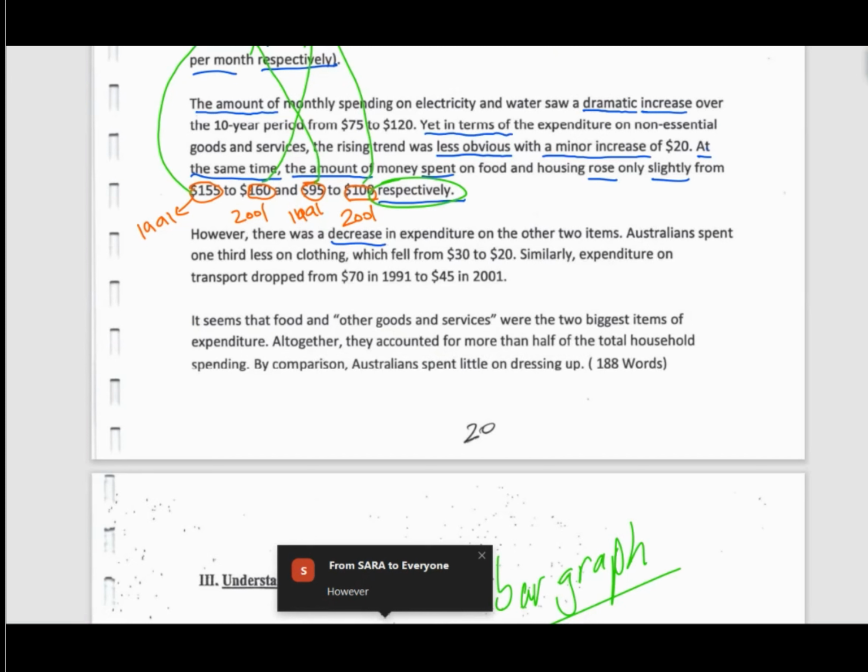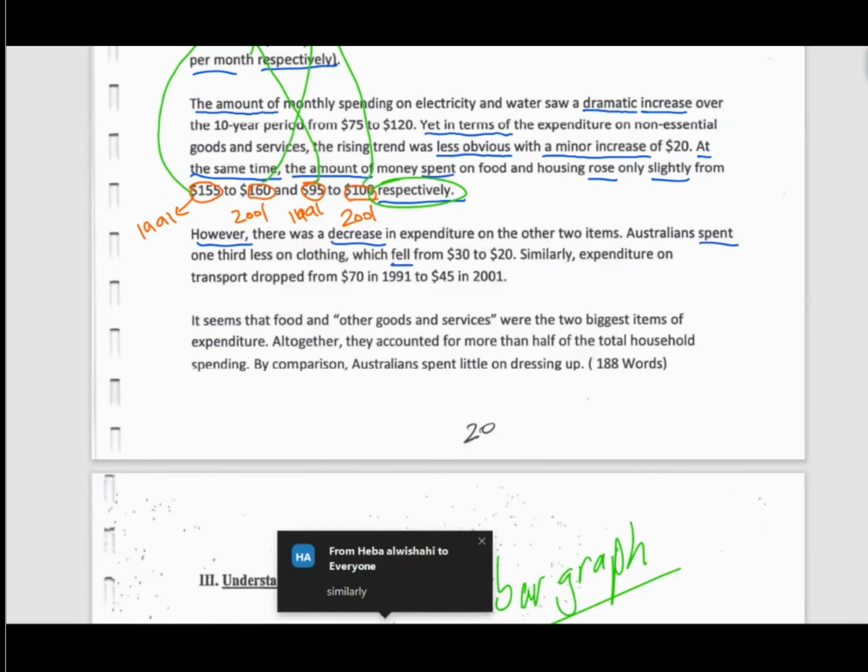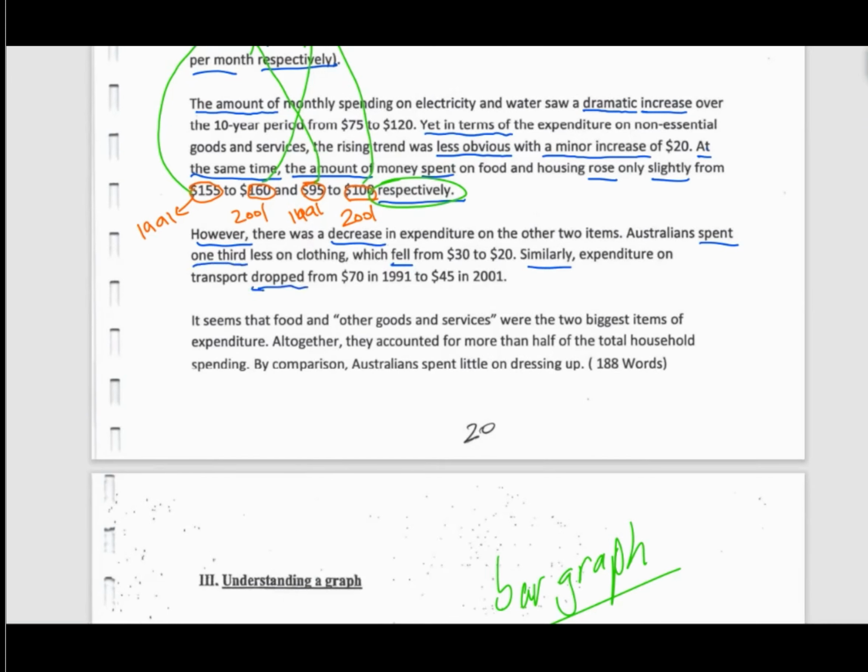Decrease. However, spent, fell from. Yes, fell from. Similarly, 1/3, dropped from, dropped.